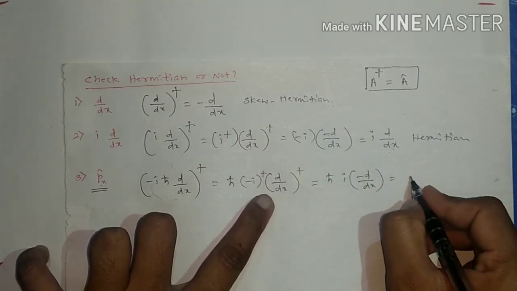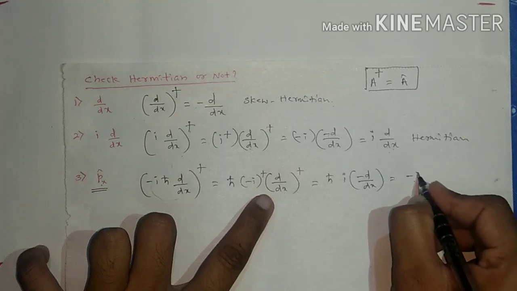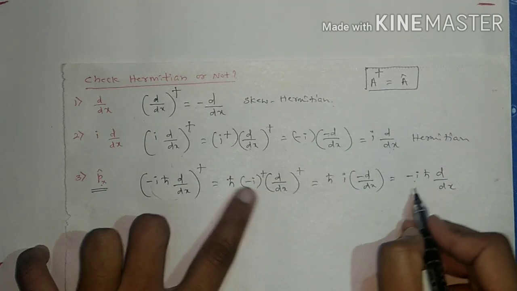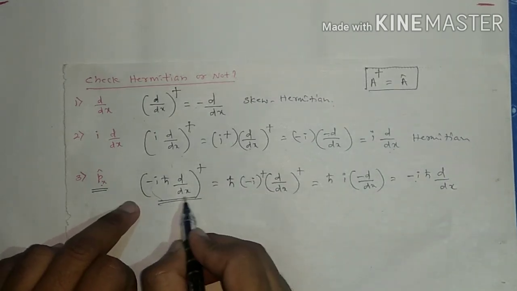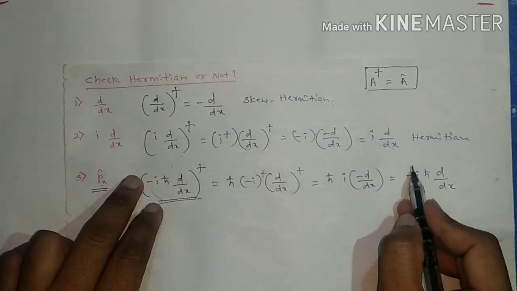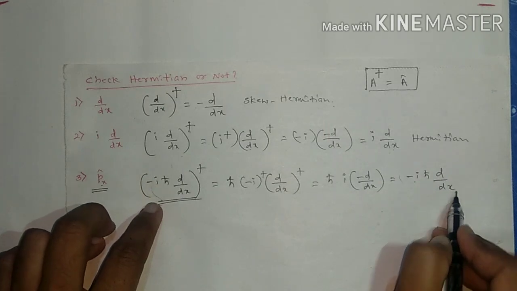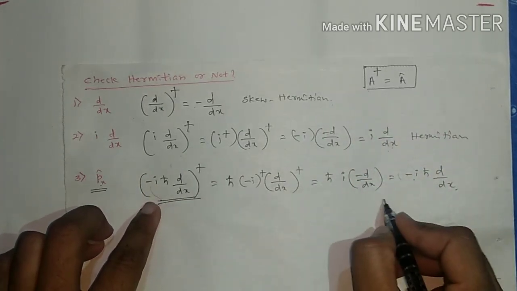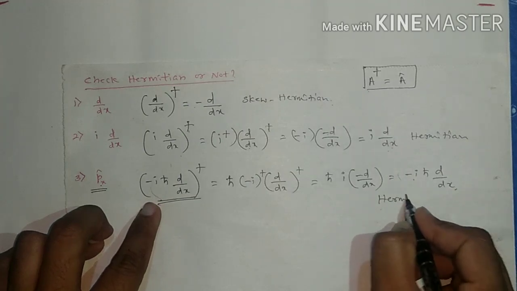If we write it properly, it will be minus i h cross d dx. So we got the same thing: this whole dagger is equal to the same thing, that is A dagger is equal to A. Therefore px is Hermitian.